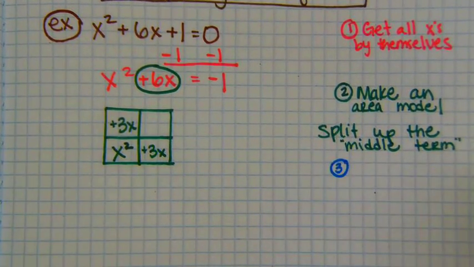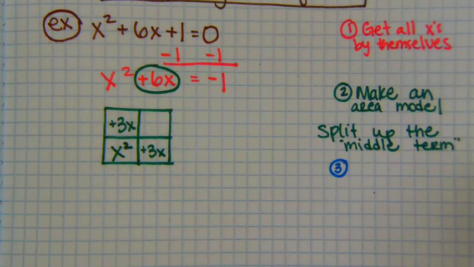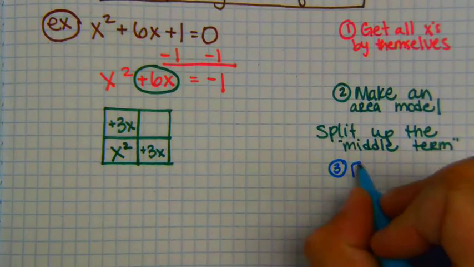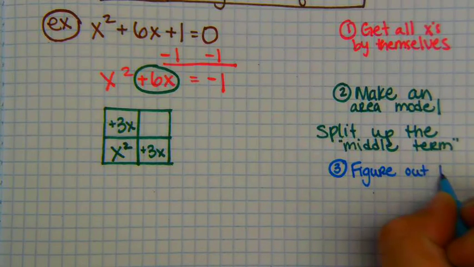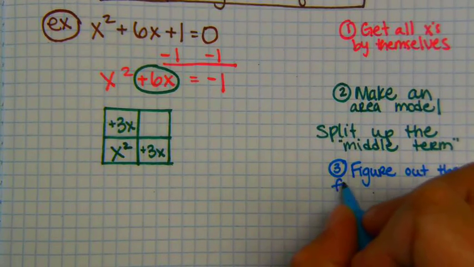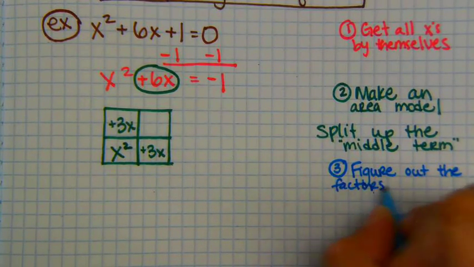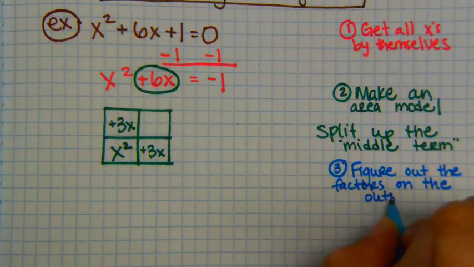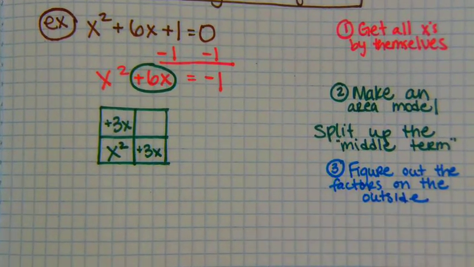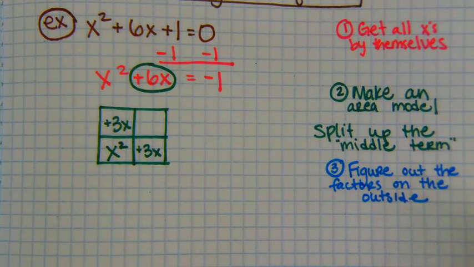Step 3 is going to be to figure out the factors on the outside. Just like we do when we're factoring, it's going to be the same thing.